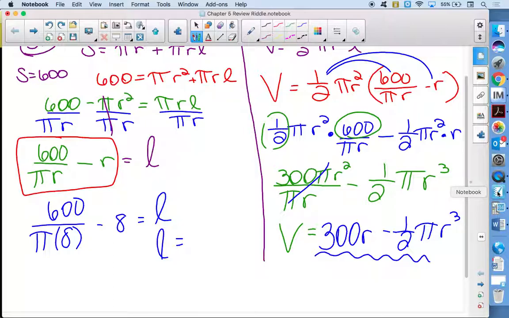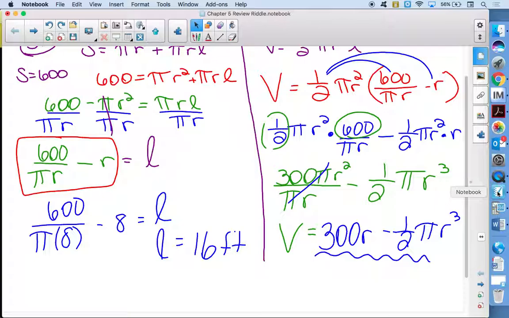And then you're subtracting 8 from that. It's also about 16 feet. So the length is about 16 feet. The radius of our hut is about 8 feet, the length is about 16 feet, and that gives us the most volume inside the hut.